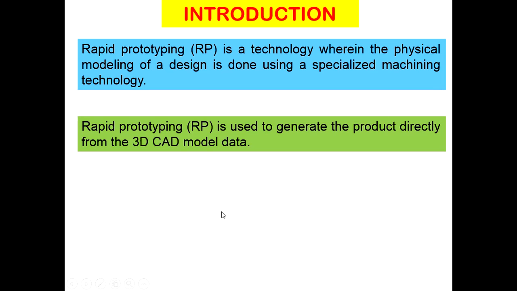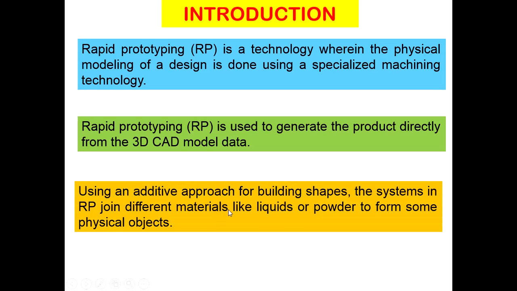The input will be given to the machines for manufacturing, and we can manufacture the component from this special machining technology. It is an additive approach for manufacturing the component. In the additive approach, we are using the basic raw material.